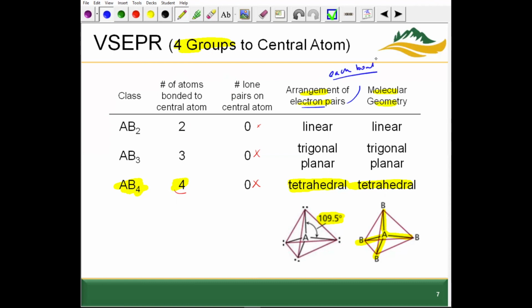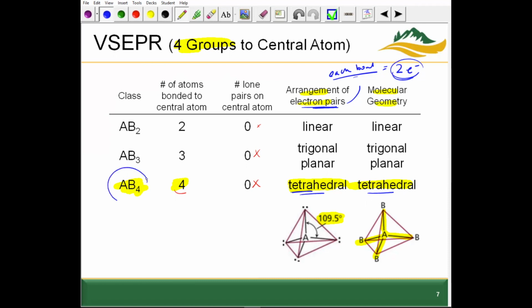Well, we remember that each bond does contain 1 pair of electrons, or 2 electrons. So arrangement of electron pairs can mean bonds as well. Each bond holds a pair of electrons. And again, tetra for 4, so tetrahedral is what we call this configuration.